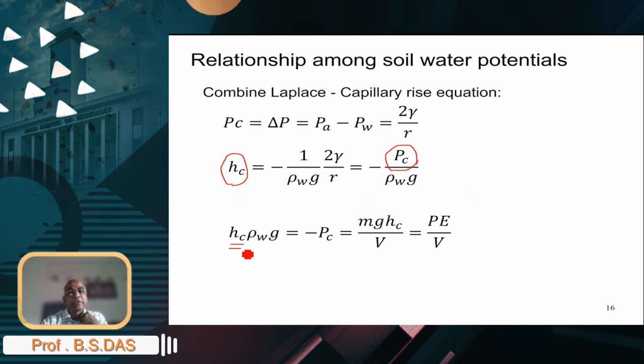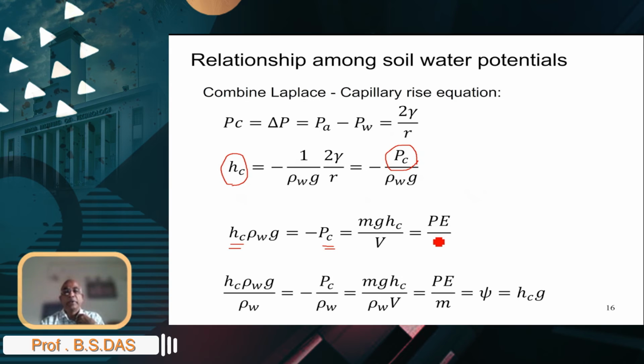Here is a potential energy per unit weight, so it's a potential head. Here is the pressure potential, and of course we could also divide all through with the density, and you could see a ratio between PC over density of water should be equal to the potential, which is potential energy per unit mass.